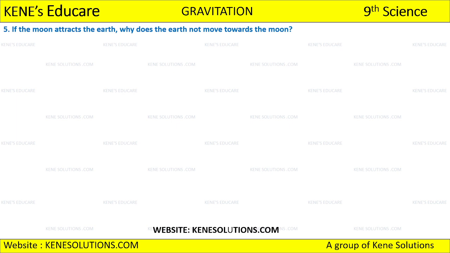So because the mass of earth is larger, it accelerates at a rate lesser than the acceleration rate of the moon towards the earth. For this reason, earth does not move towards the moon: the mass of the earth is larger than the mass of the moon, and the rate of acceleration will be lesser as compared to the acceleration rate of the moon. Okay.